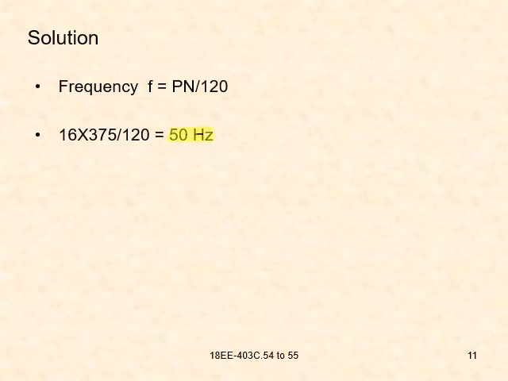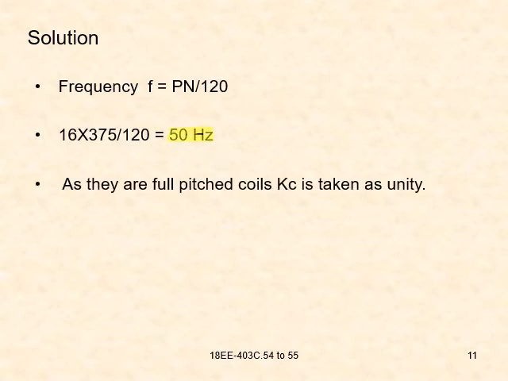That's the frequency. But as they are full pitched coils, Kc, the pitch factor, is taken as unity, that means 1, and the pole pitch n is equal to the number of slots per pole, that is 144 by 16 is equal to 9.